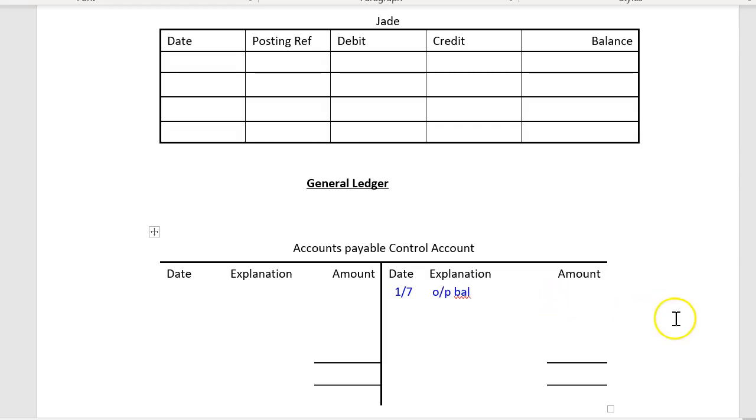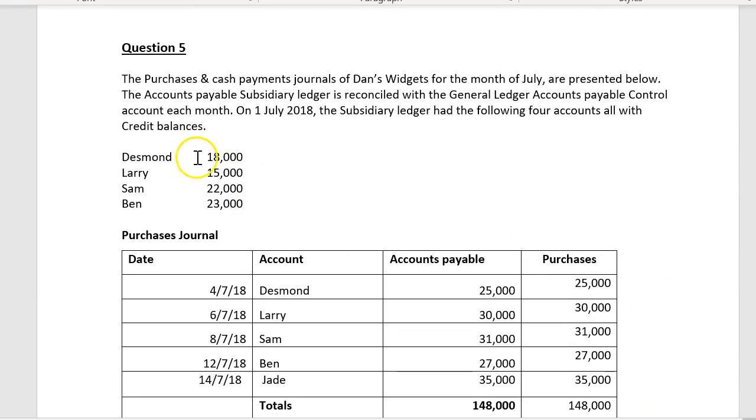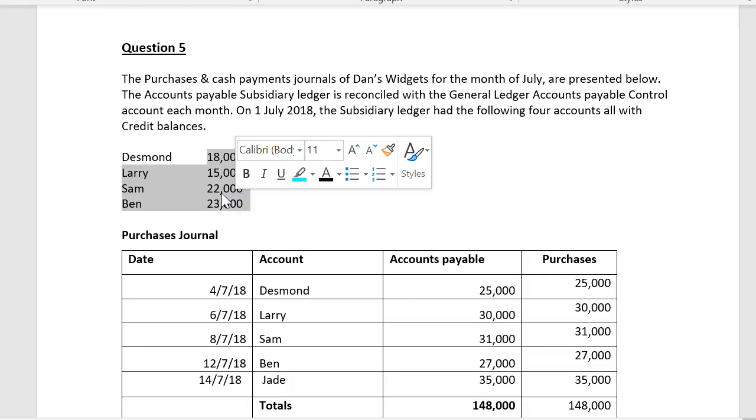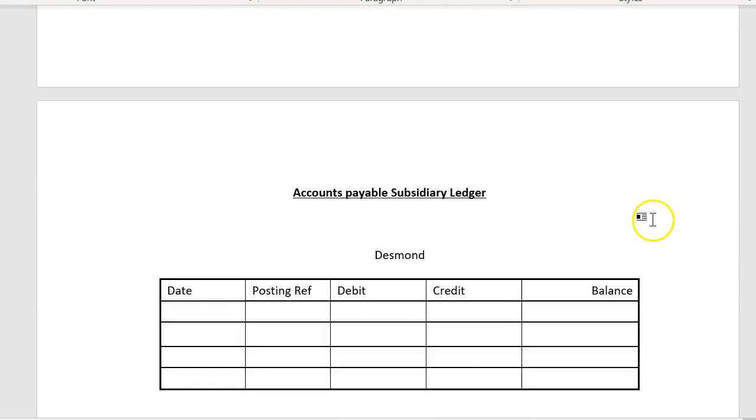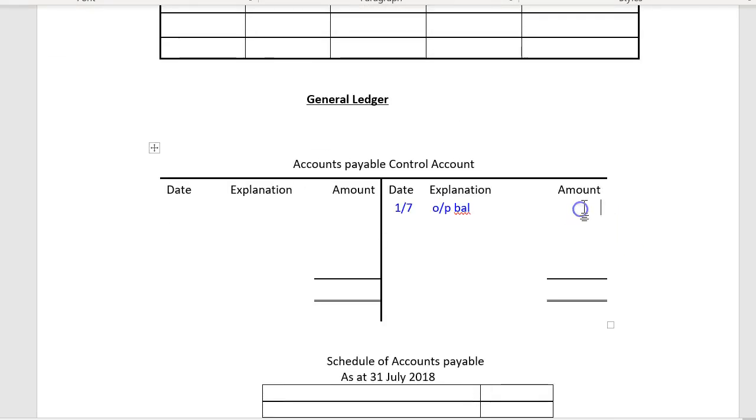Guys, what's the opening balance? We can easily get it by taking the sum of the opening balances of each supplier. 18,000, 15,000, 22 and 23, you would get 45, 60 and 78. So that's the opening balance of accounts payable, which is 78,000.